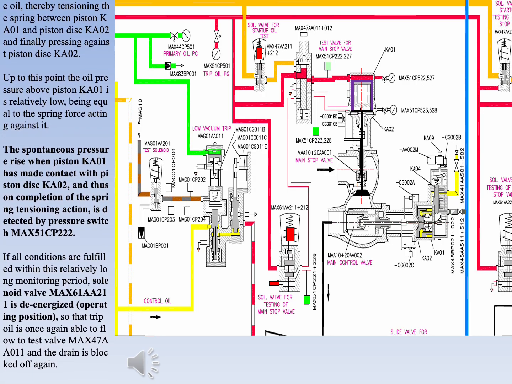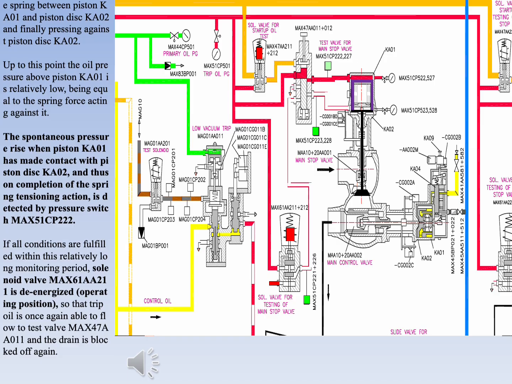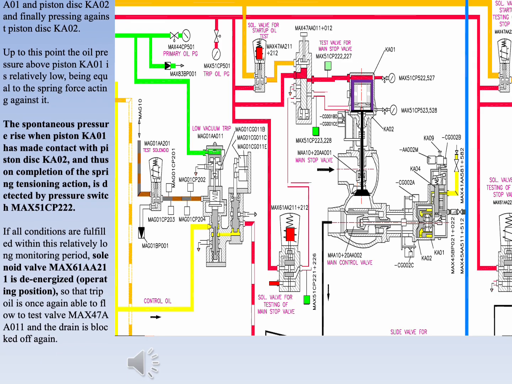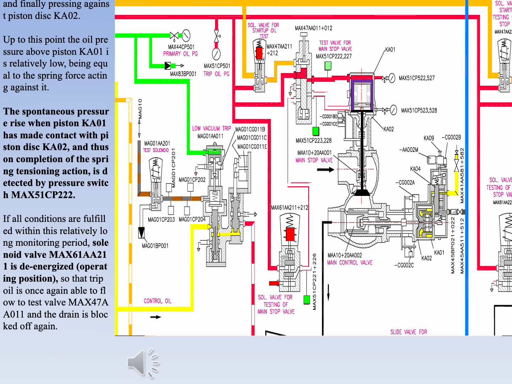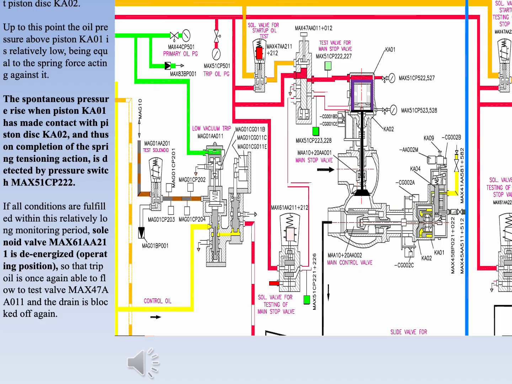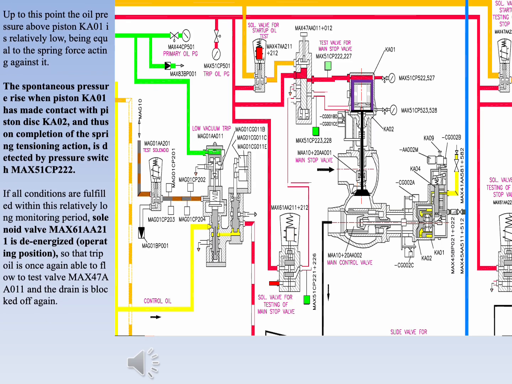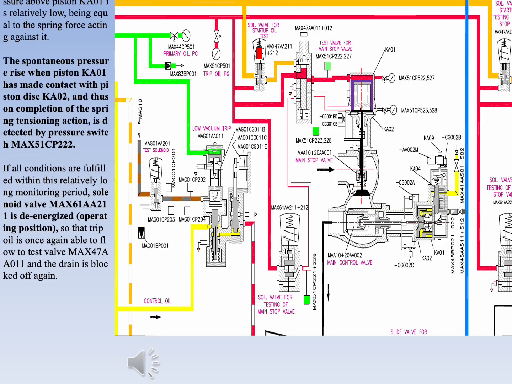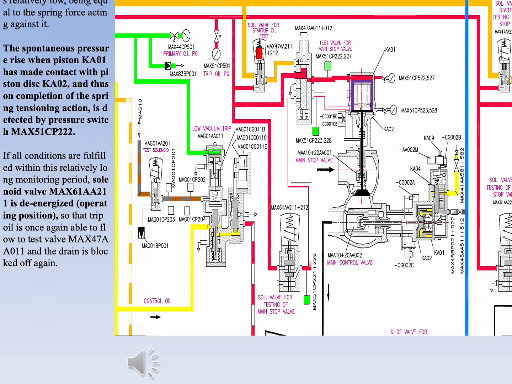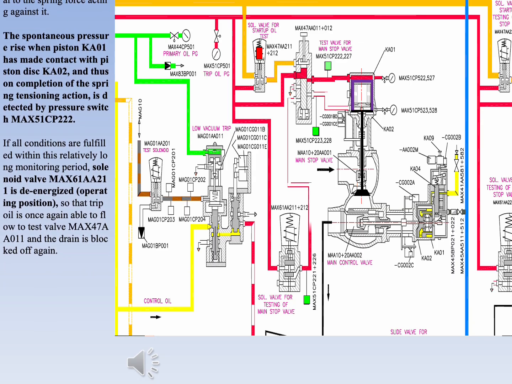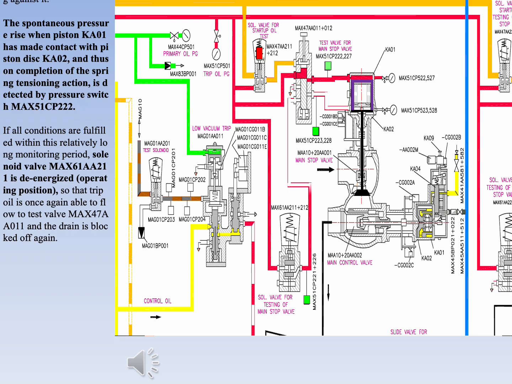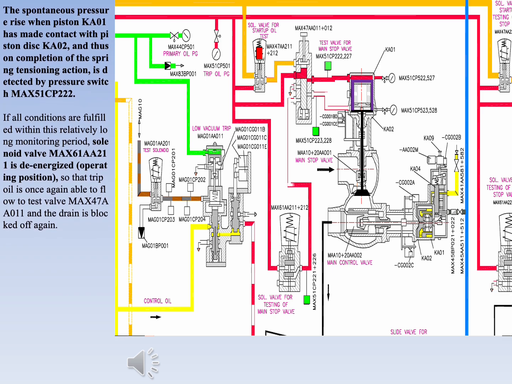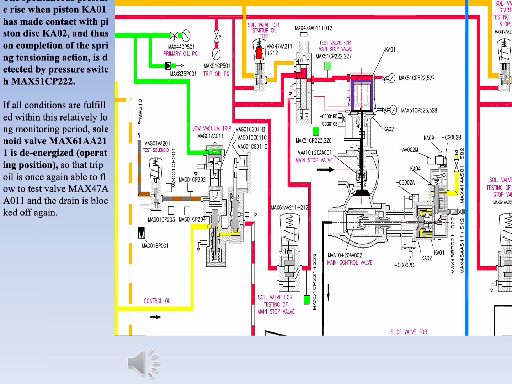If all conditions are fulfilled within this relatively long monitoring period, solenoid valve MAX61AA211 is de-energized, operating position, so that trip oil is once again able to flow to test valve MAX47AA011, and the drain is blocked off again.